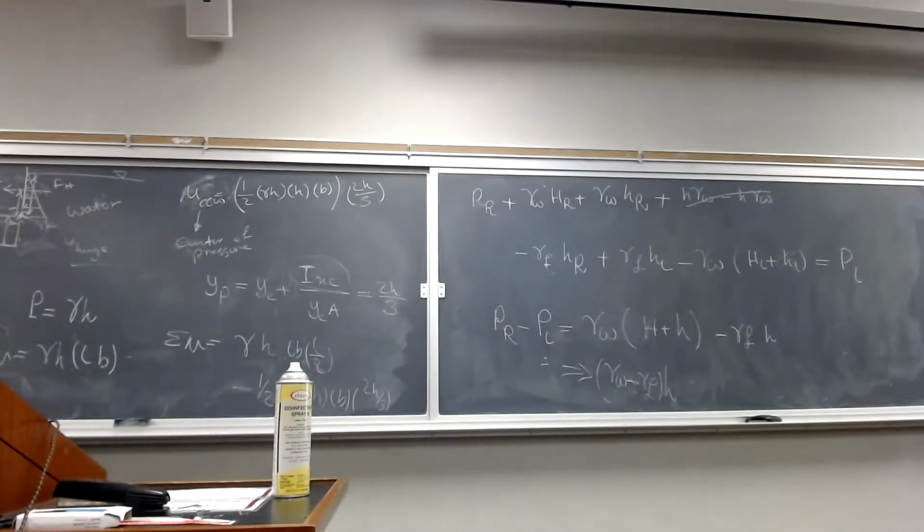Okay, so let's stop here, and we're going to pick the rest of it up in the next lecture. In the next lecture, we are going to find the height that is needed to prevent this gate from opening. So essentially, this moment has to overcome this moment to prevent the gate from opening.